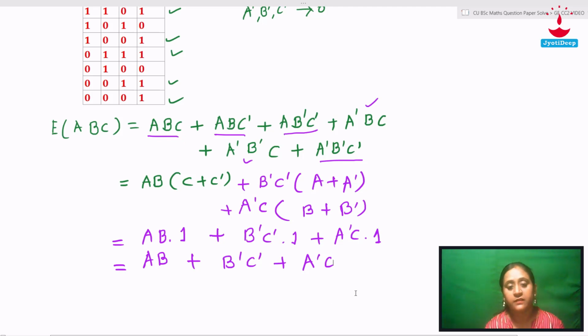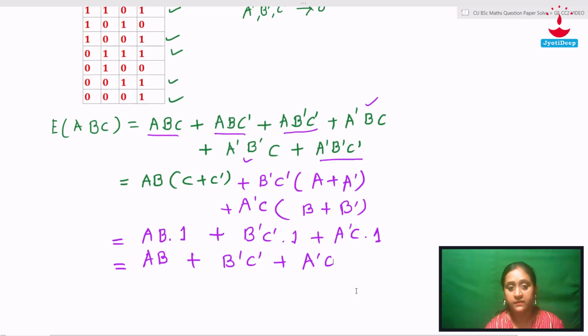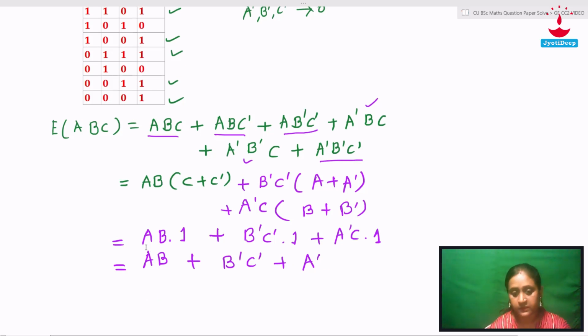So what is a logic circuit? Here we can see AB, B dash C dash, A dash C. These are the product terms. For the product term, which gate will we use?